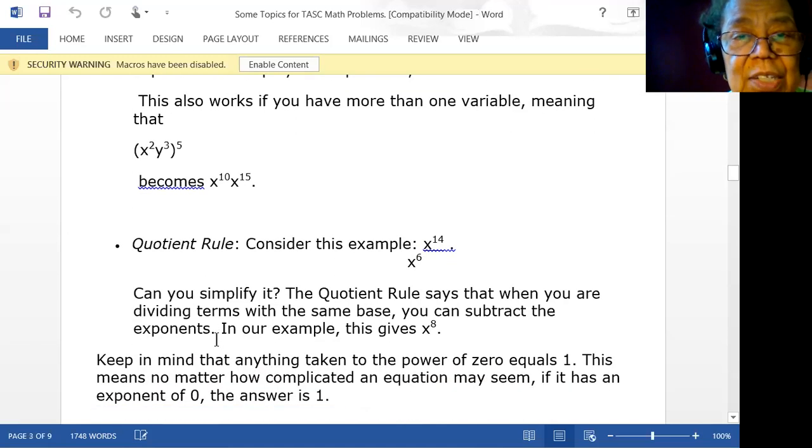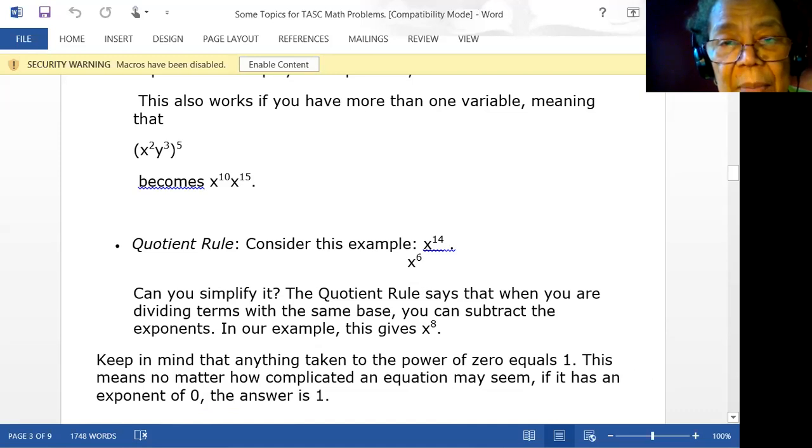Now, let's look at the quotient rule. X to the 14 here, and this is divided by x to the 6. Now, when you're dividing, you subtract the exponents. So the answer will be x to the 14 minus 6. 14 minus 6, and you get x to the 8.